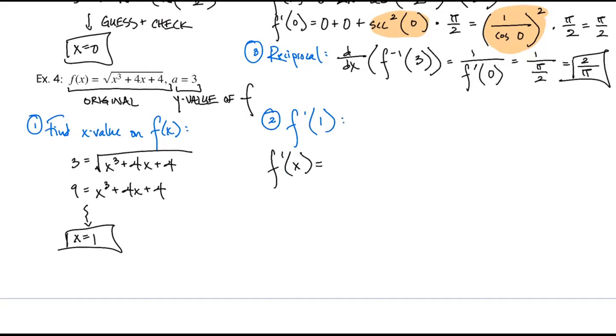We're going to need that chain rule, okay? That is the number one rule I want us to look at a question like this and see, all right? More than anything, we are using the chain rule here. And so we're going to have 1/2 times that square root, that is the derivative of the outside, times the derivative of the inside, 3x squared plus 4, okay?